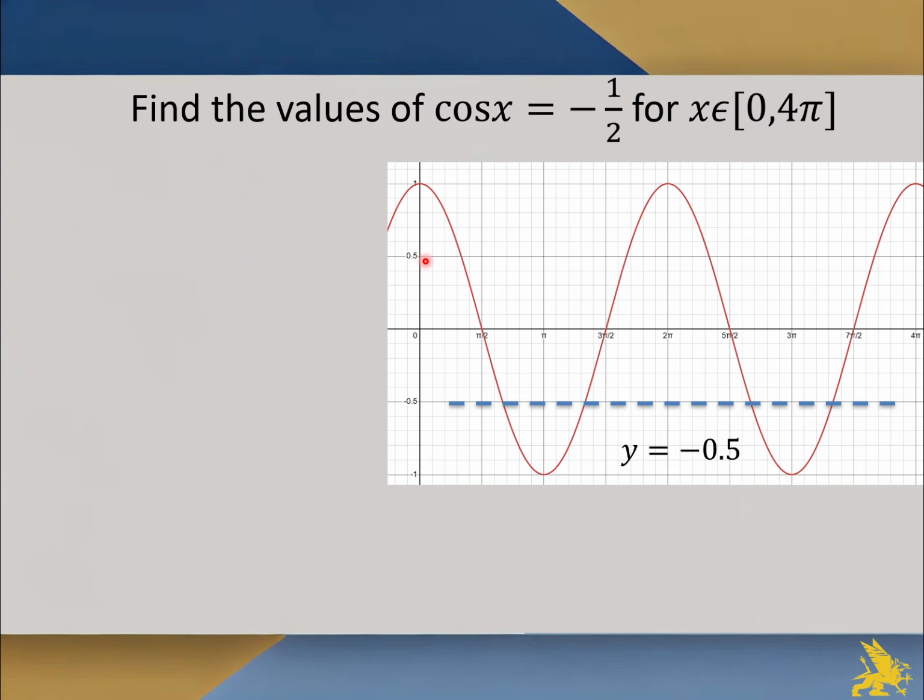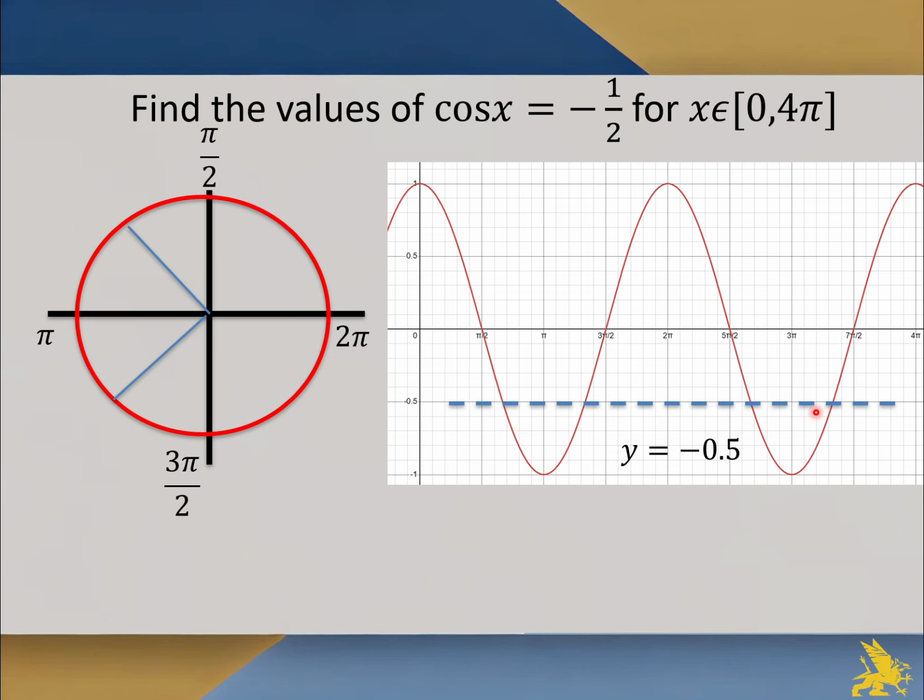Again, if we're thinking about 0 to 4 pi, then that means we have it in quadrant 2 here, because pi over 2 to pi is quadrant 2, and pi to 3 pi over 2 is quadrant 3. Now, we know from this point to this point is adding a period. So literally, we are just adding 2 pi. Likewise, from this point, once we found it, we'll be adding 2 pi to get to here.